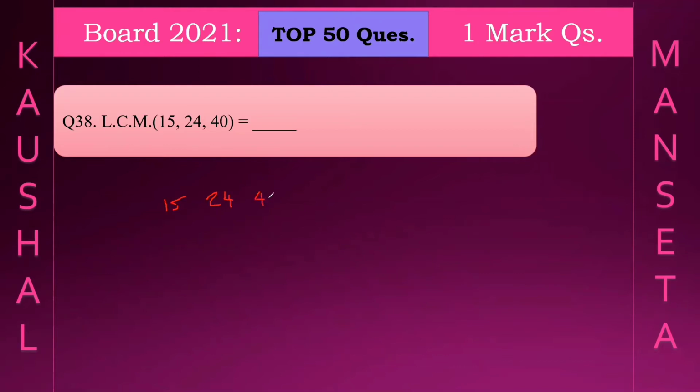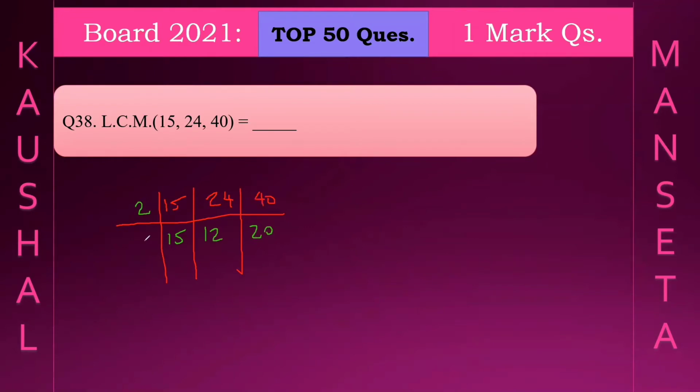See, it is divisible by 2 first. 24 and 40 both. So we can write over here 2. So 15 as it is, because it is not divisible by 2. 12s are, and 2 20s are.